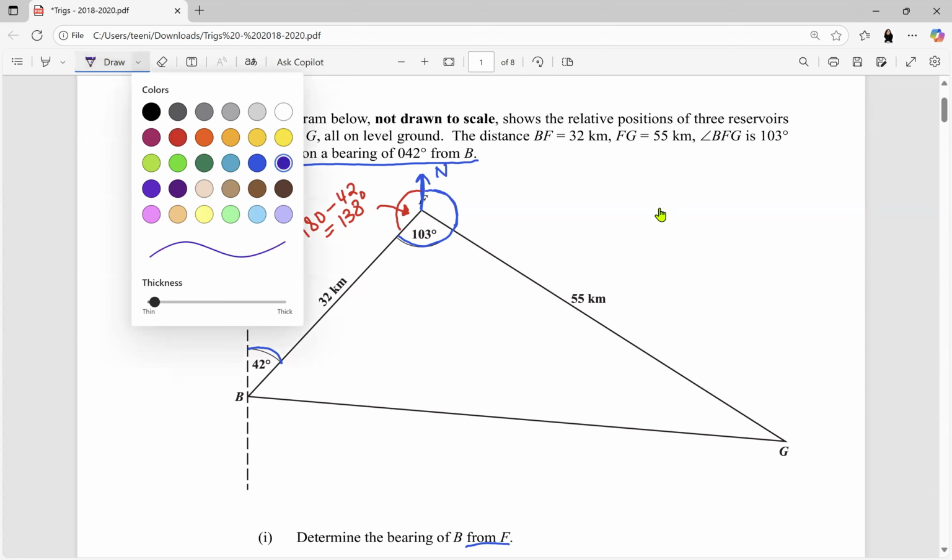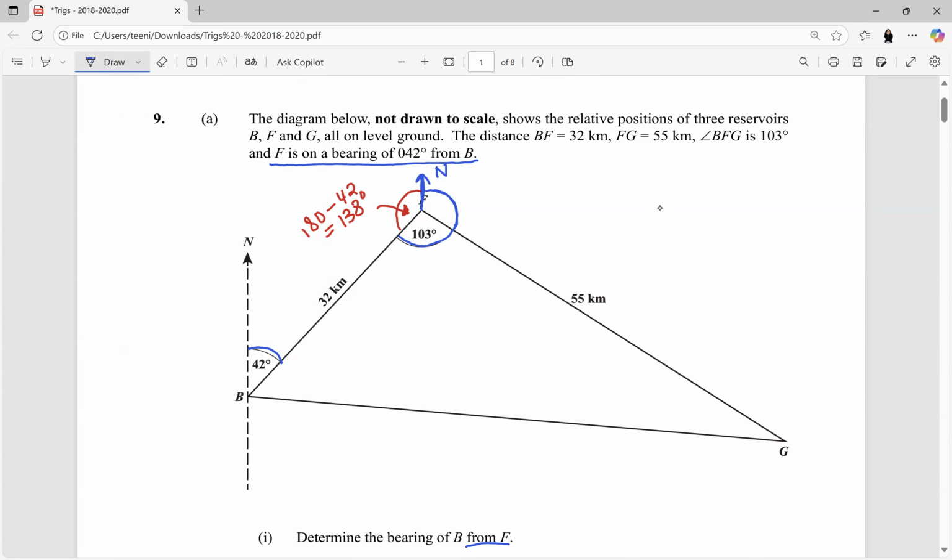So I can find what this angle on the outside here is by saying 360 degrees take away the sum of 103 plus 138. And that would give me, let's see, 119 degrees. So the angle on the outside there is 119 degrees.